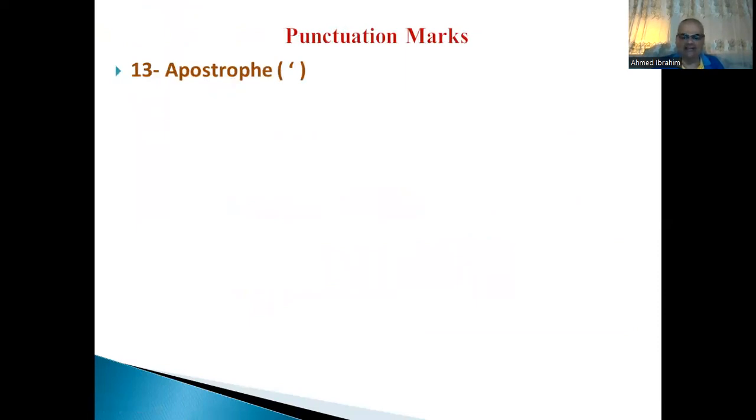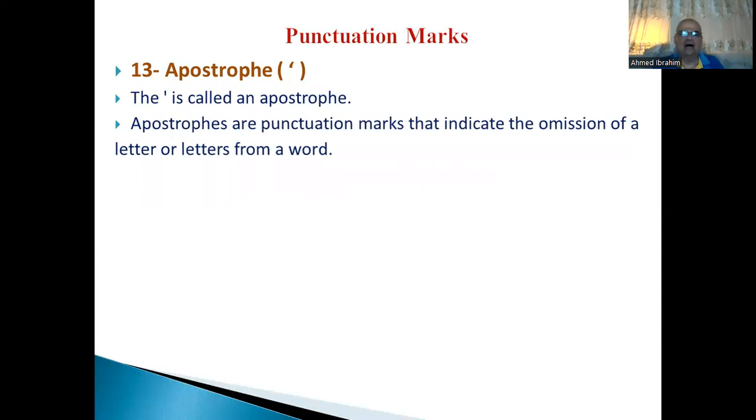Number 13, apostrophe. The symbol is called an apostrophe. Apostrophes are a punctuation mark that indicate the omission of letters from a word.